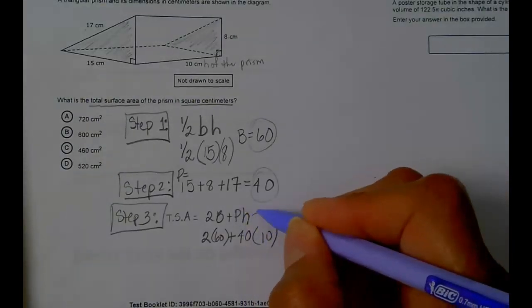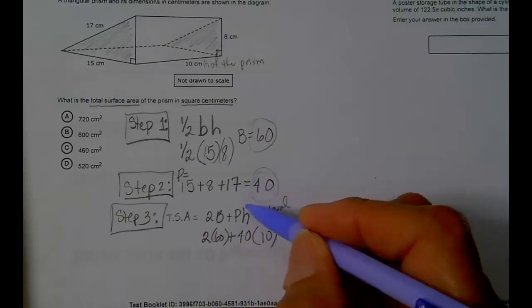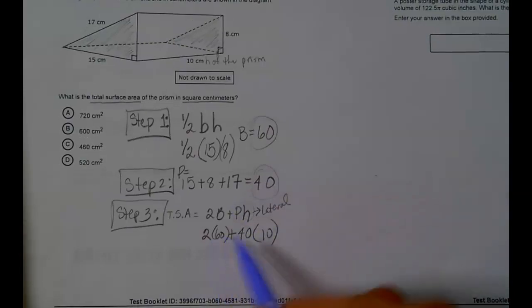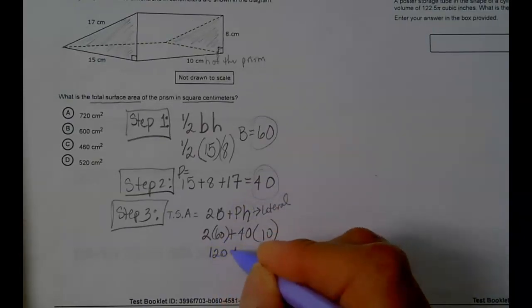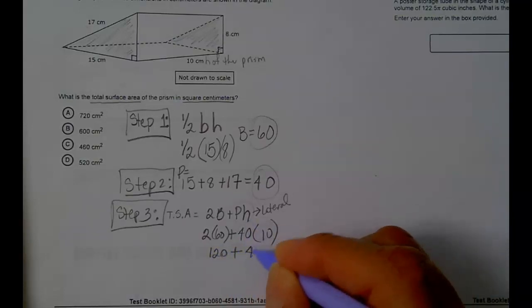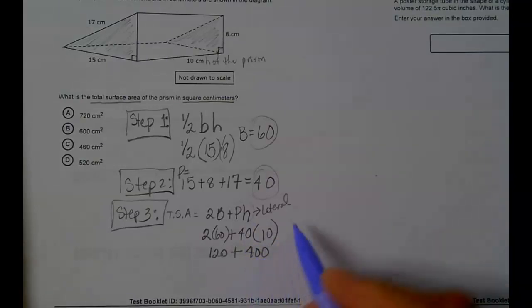And remember, this also is the lateral. If they ask you for lateral, lateral is just the perimeter times height. So 2 times 60 is 120, and 40 times 10 is 400. So if it were just the lateral, it would be 400.